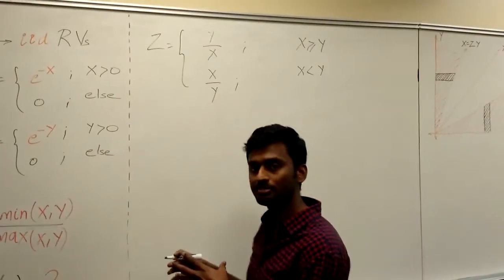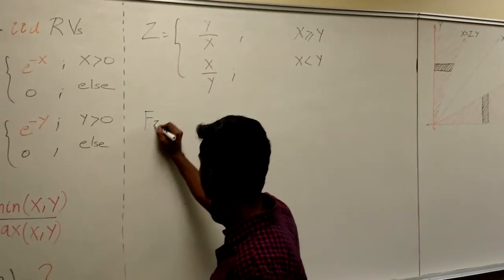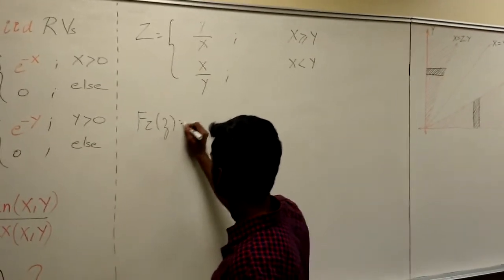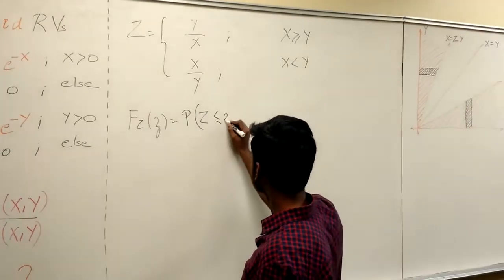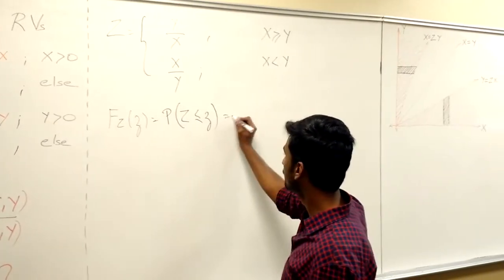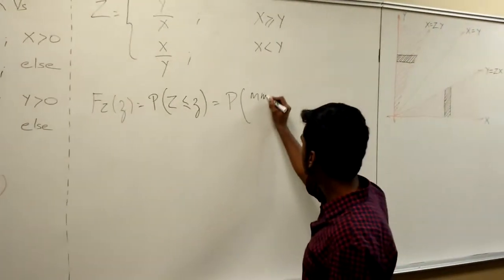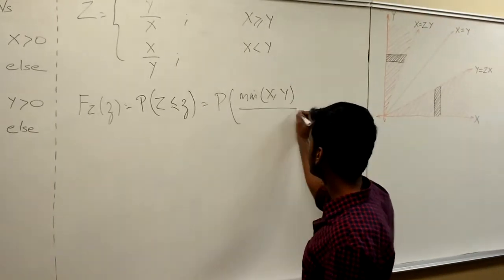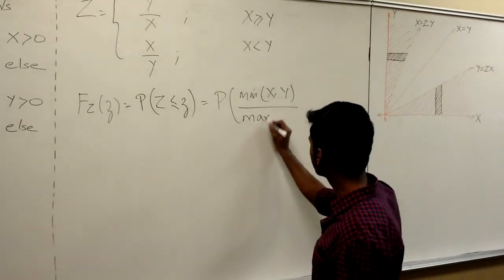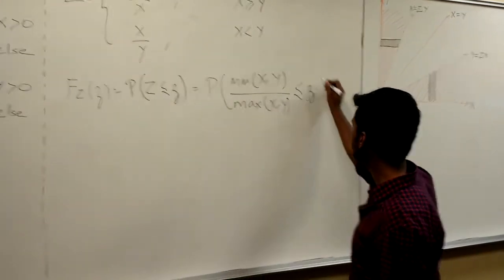Now let us start off by finding the distribution function of Z, which is given as F_Z of z, which is nothing but the probability of Z less than or equal to small z. On substituting, we get the probability of the minimum of X, Y divided by the maximum of X, Y less than or equal to z.